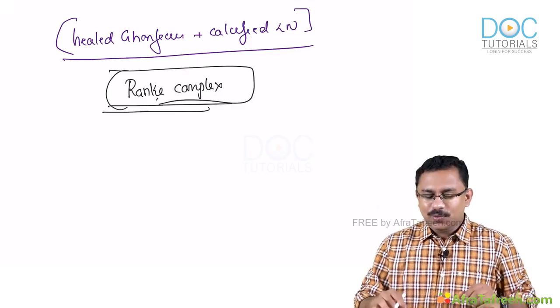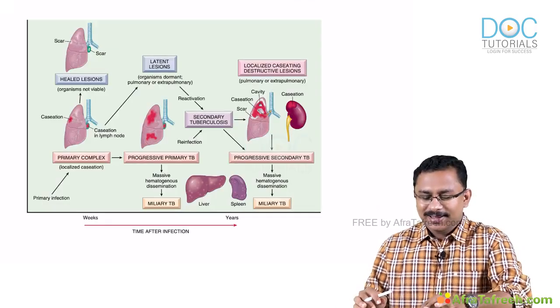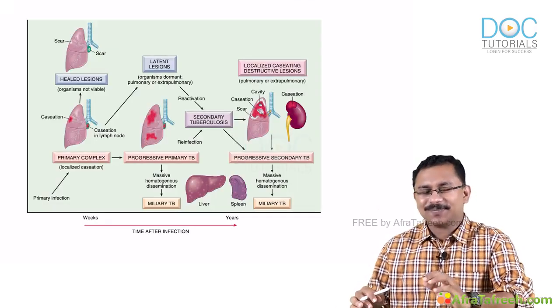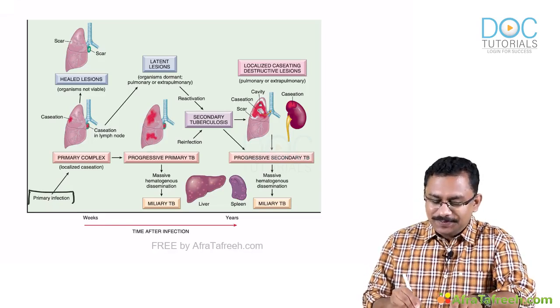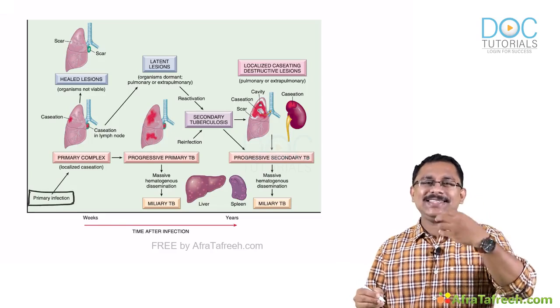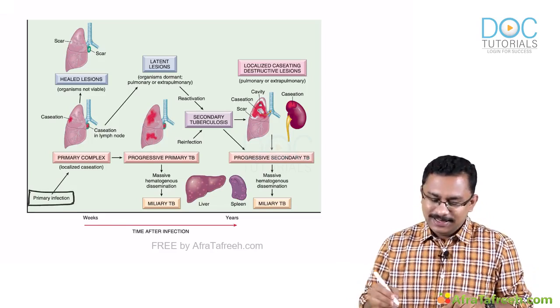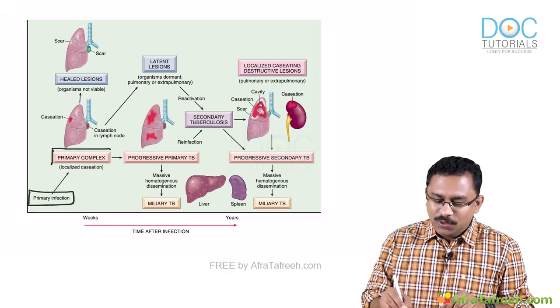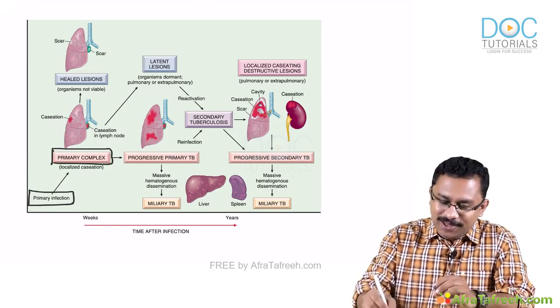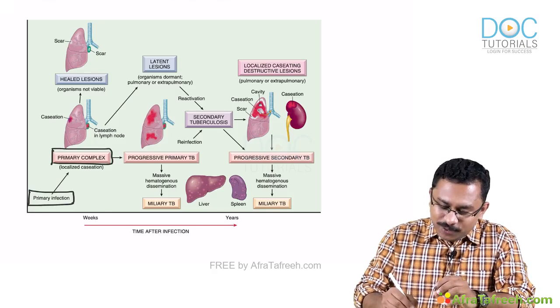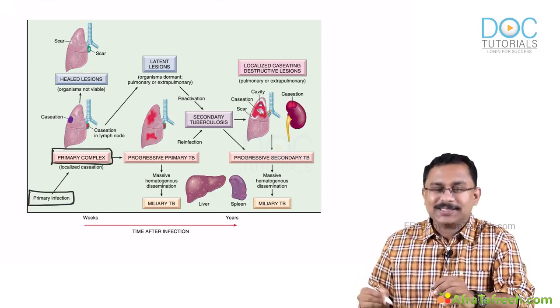Now let me take you to a picture in Robbins textbook, if you are familiar with this. You see here there is a primary infection. The bacilli has entered Mr. X's lung, and in the lung it has formed the Ghon focus. So this is your Ghon focus.